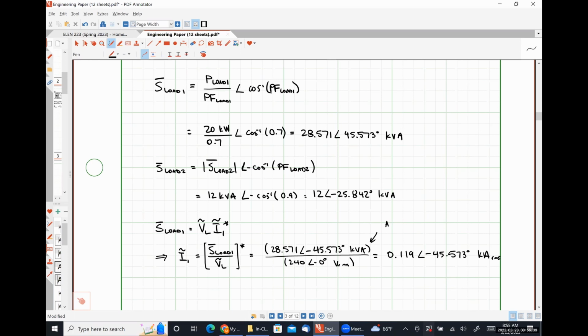I can do effectively the exact same thing to figure out what I2 is.